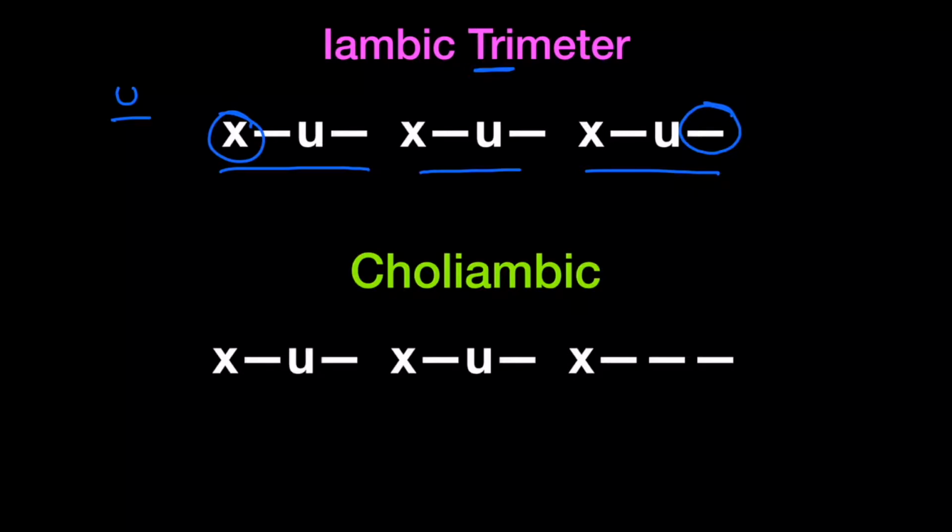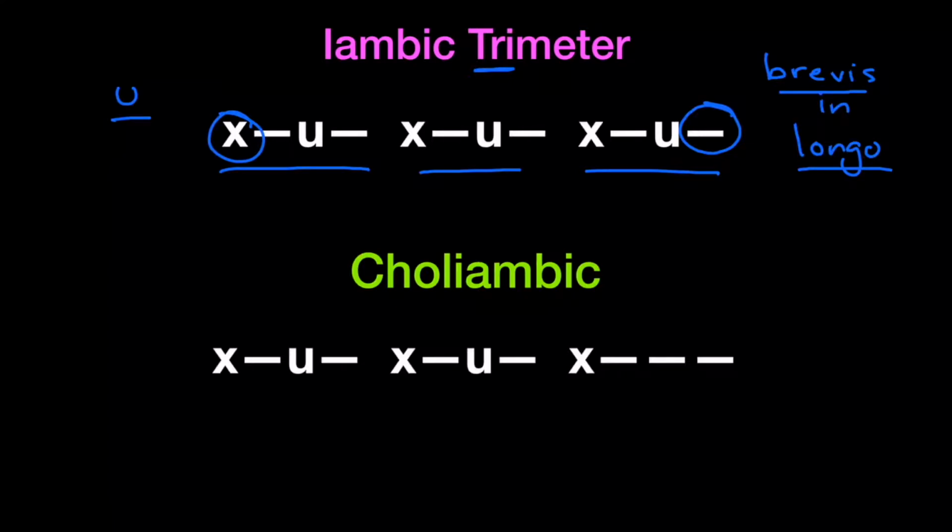If you have a short syllable there, that's called an instance of brevis in longo. A short syllable where you'd expect a long one. And we've seen that at the end of the line in dactylic hexameter and in elegiac couplets as well. All right. So iambic trimeter is 3 iambic metra.